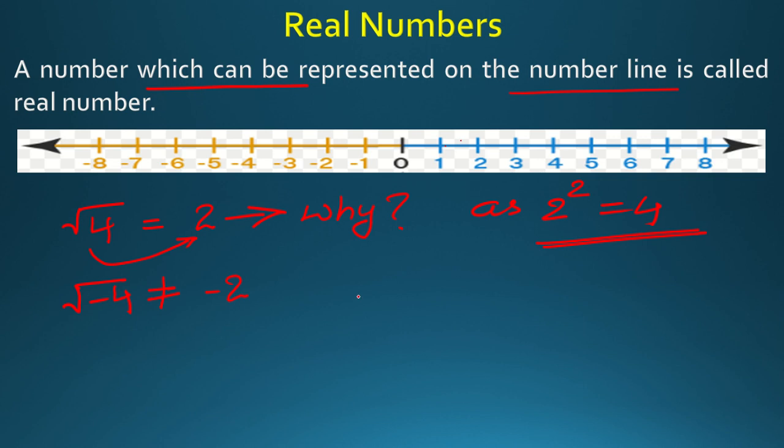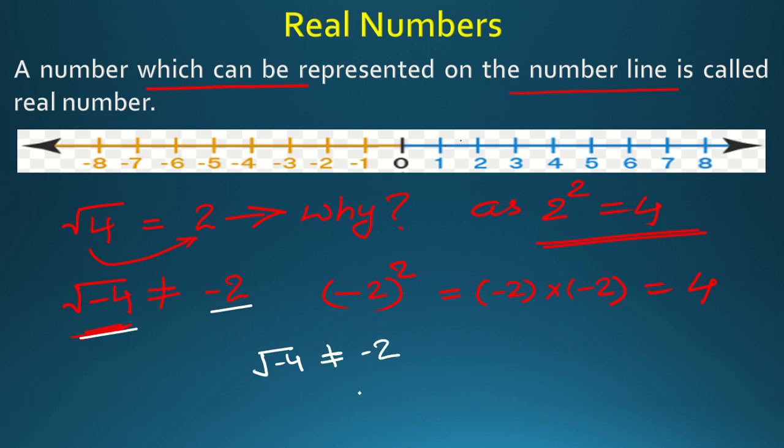But here, if you do (-2) square, it means -2 times -2, which will be +4. But what we had in the square root sign? We had -4. So we are not getting the same answer after doing the square, and it means that square root of -4 is not equal to -2.